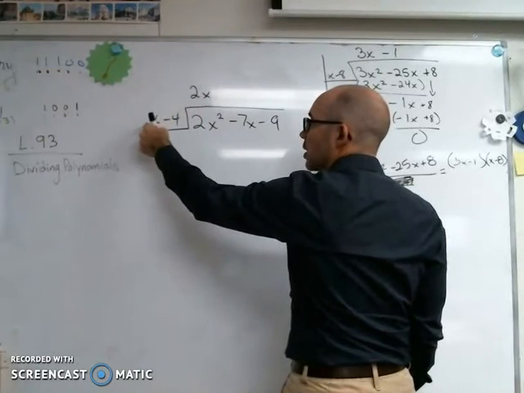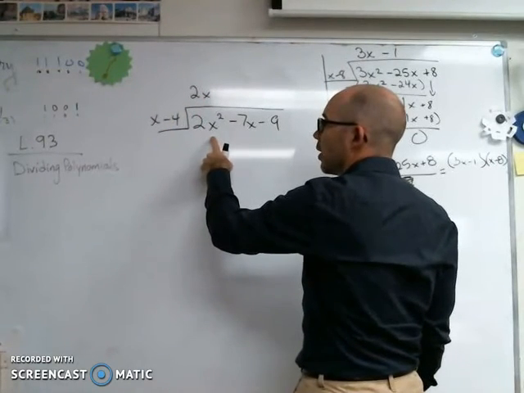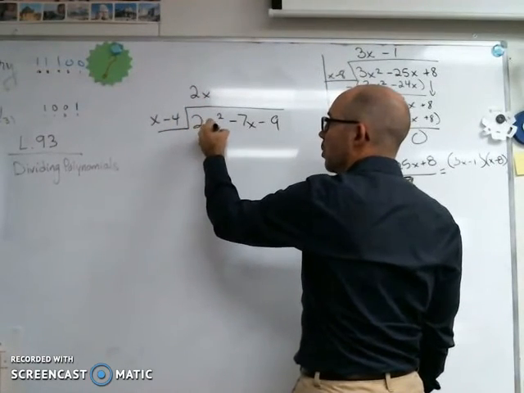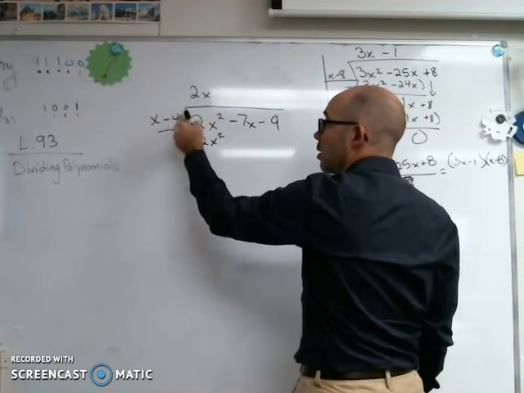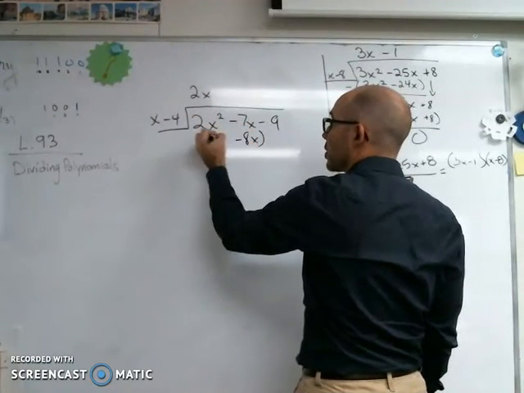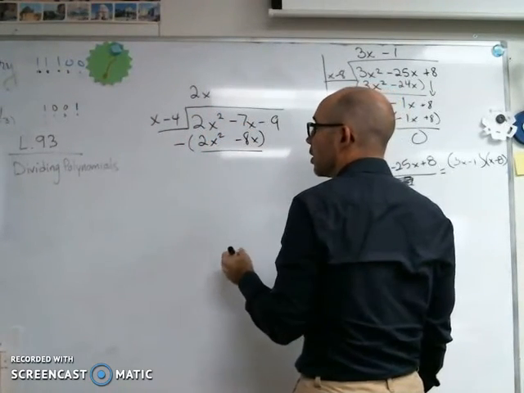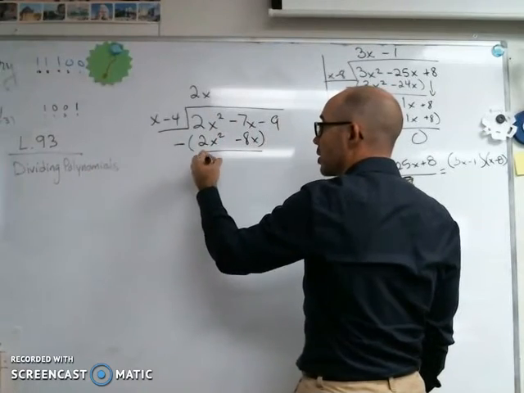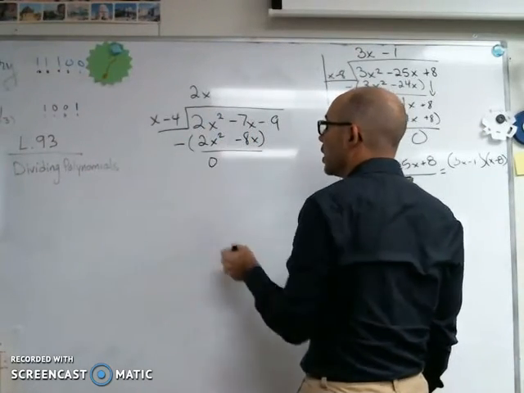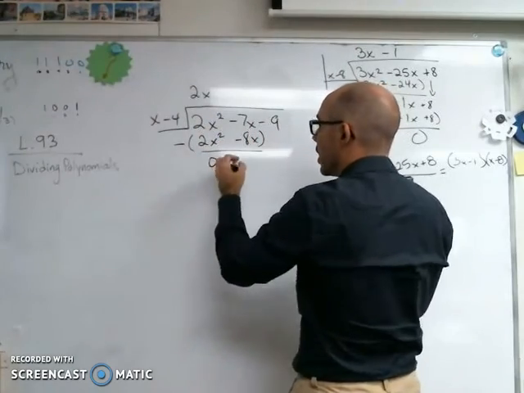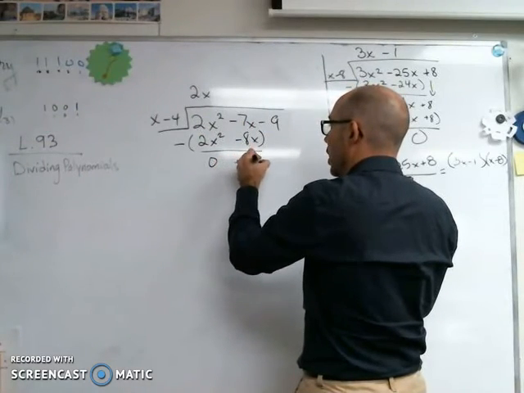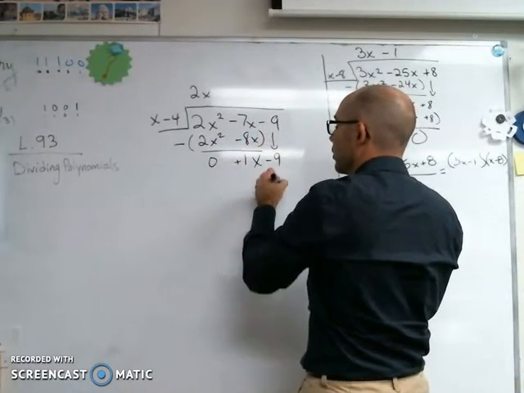I know that 2x times x is enough to get rid of that 2x squared, but I have to do this part as well, and I get negative 8x. And I have to take the second thing away from the first thing, 2x minus 2x, that part equals 0. Negative 7x plus 8x gives me a plus 1x, carry the 9 down.